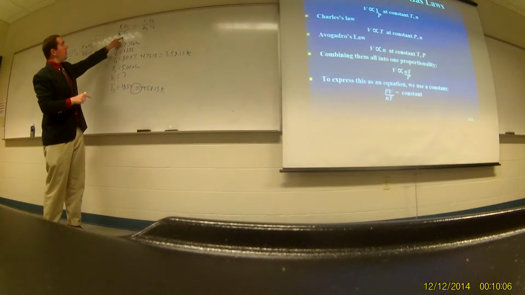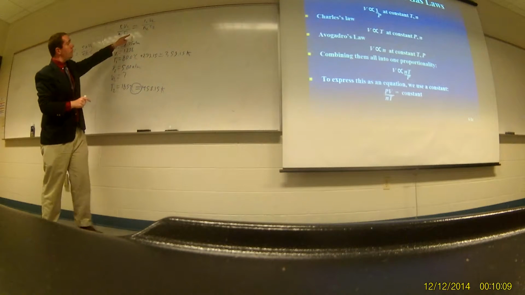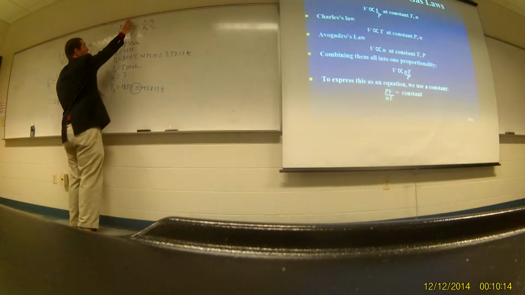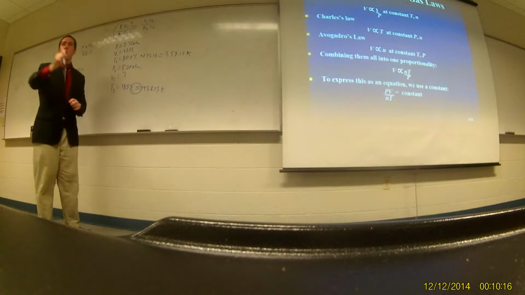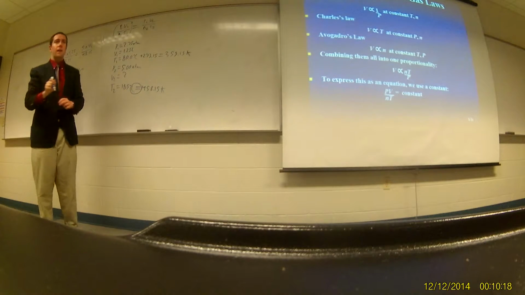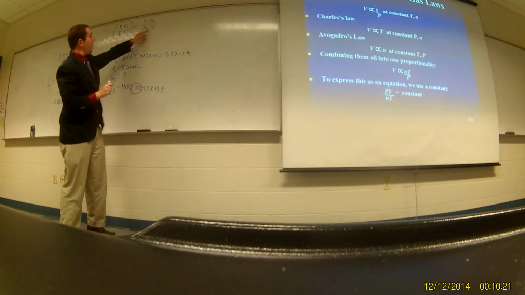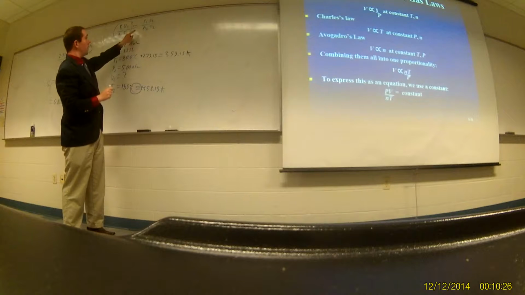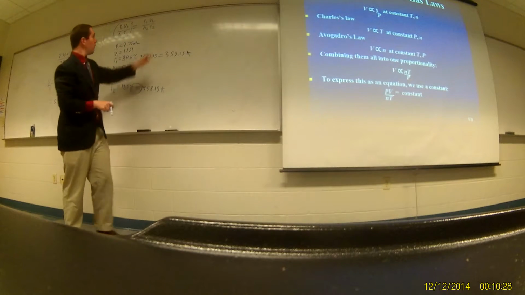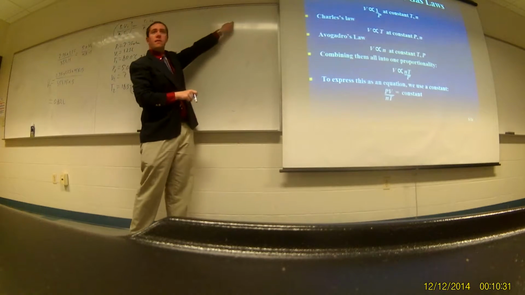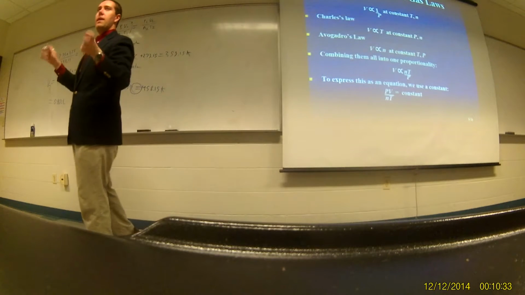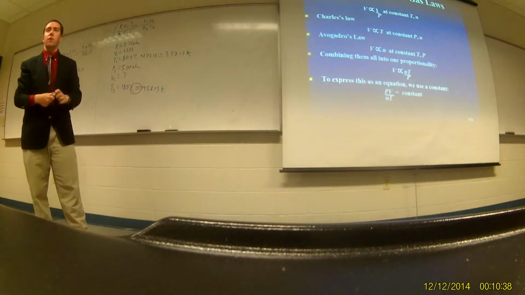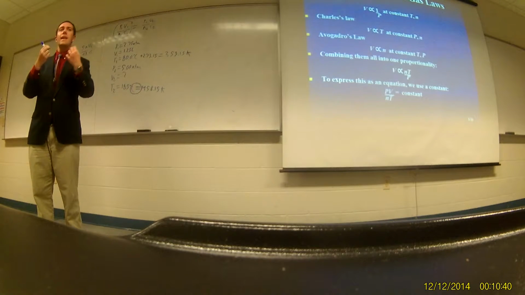P1 V1 over N1 T1 equals P2 V2 over N2 T2, because this is always equal to a specific number. If they're both equal to the same number, then they're equal to each other. And so they would all always be equal to each other. And so once you figure that out with algebra, you go to the lab and you say, well, what is that number?